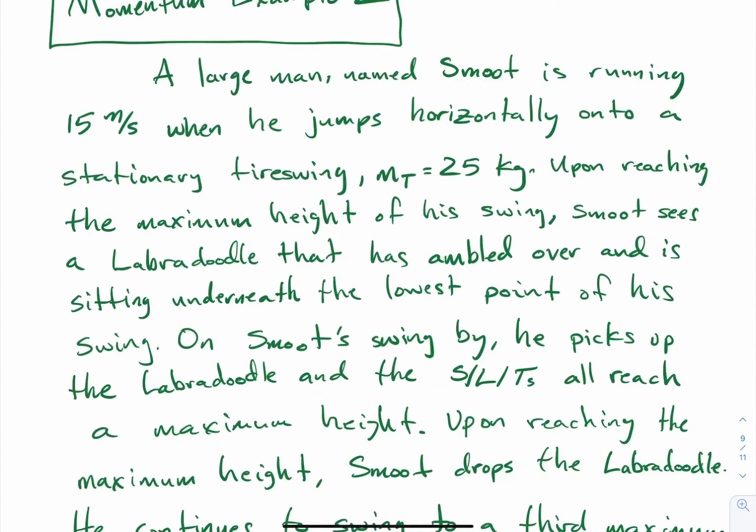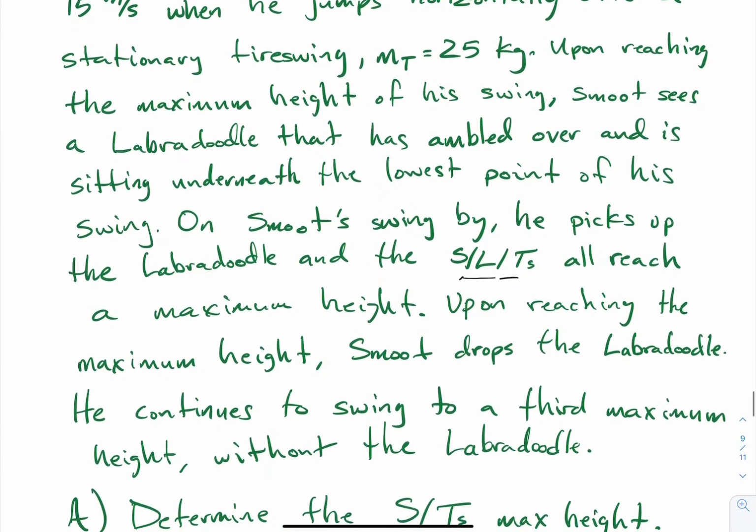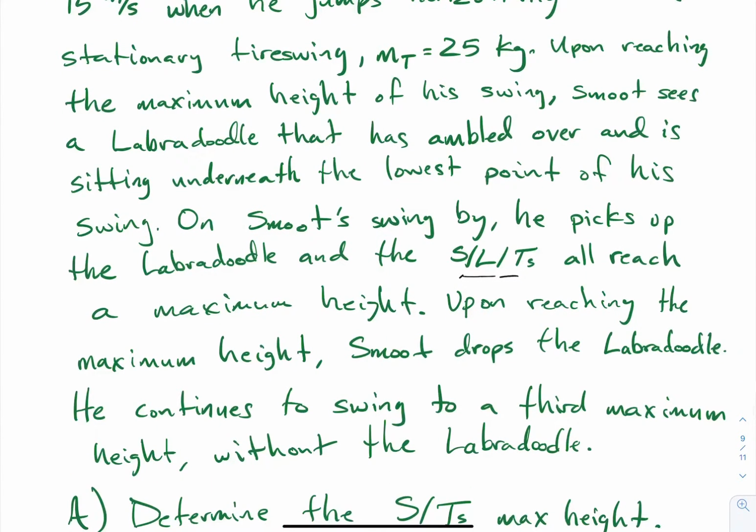On Smoot's swing by, he picks up the labradoodle, and the Smoot labradoodle tire swing all reach a maximum height, so a second maximum height. Upon reaching the maximum height, Smoot drops the labradoodle. He continues to swing to a third maximum height without the dog.